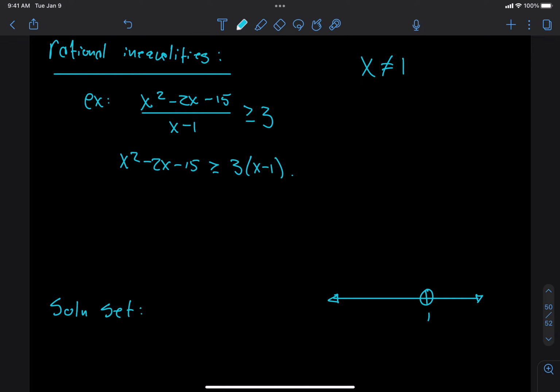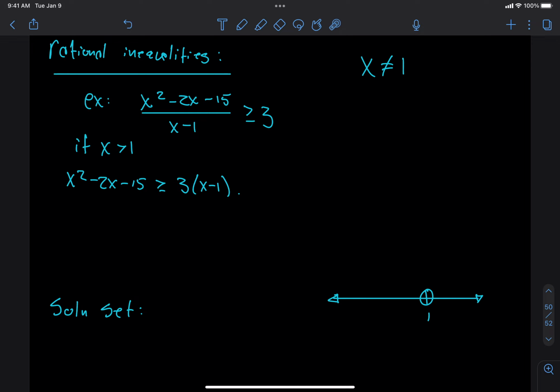And, well, maybe I should be careful with that, because there's a question mark, right, about whether that number is positive or negative, right? Okay, so let's think about that a little more carefully. If x is larger than 1, then the denominator will be a positive number, and we multiply both sides by a positive number.